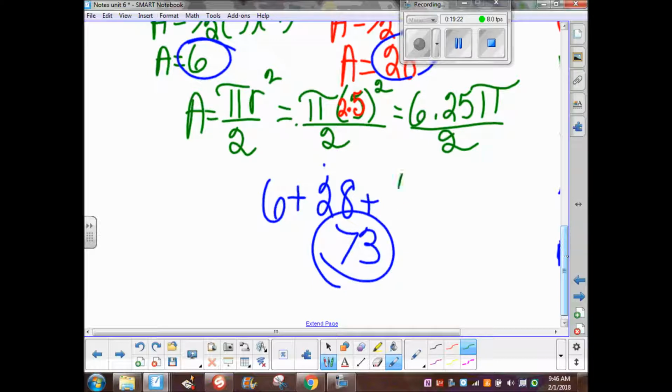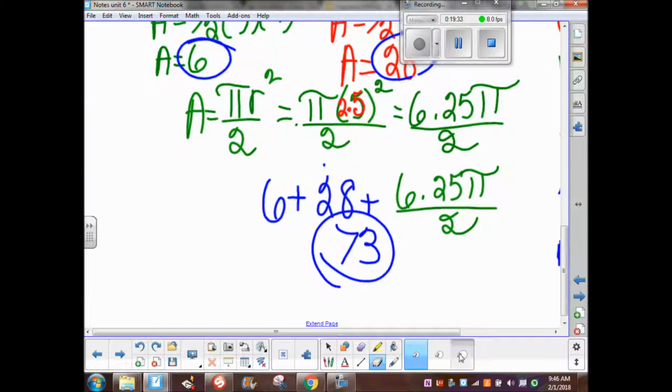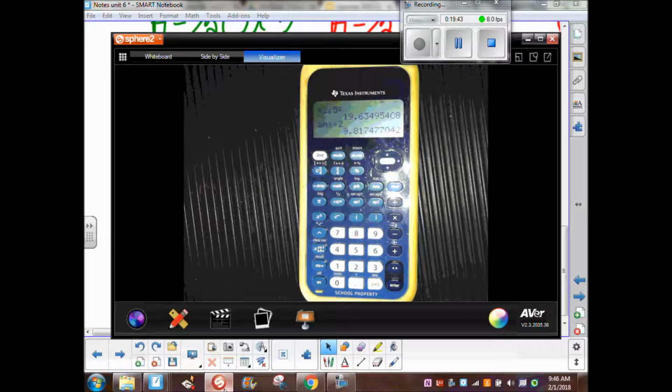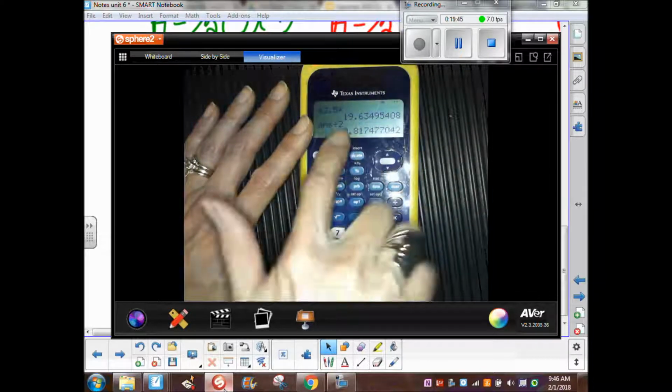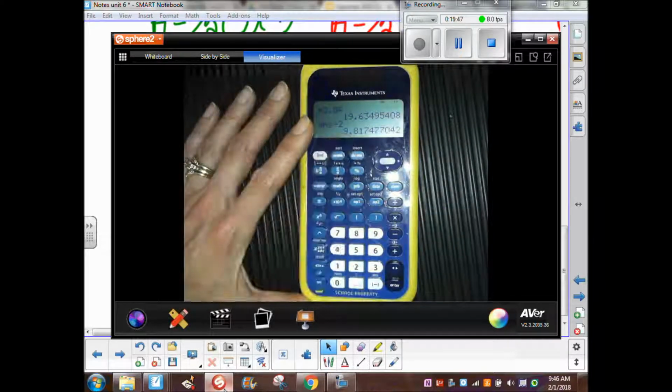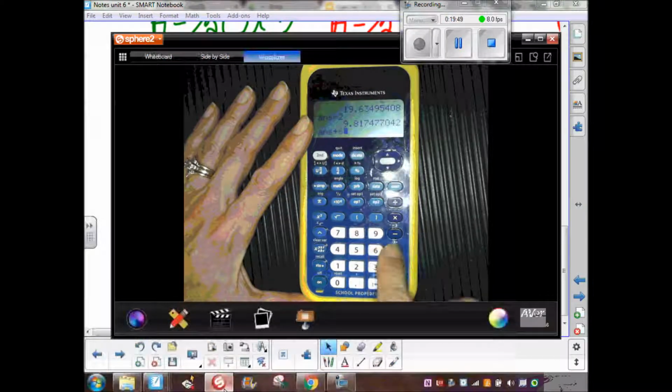So here, now we go to the calculator and recalculate that. So there's the area right now of our half circle, plus 6 plus 28.